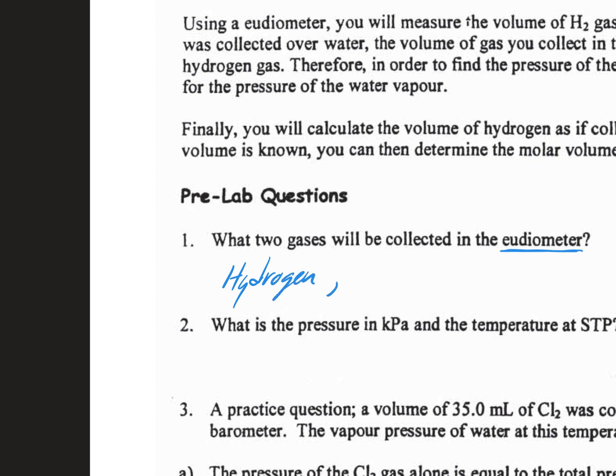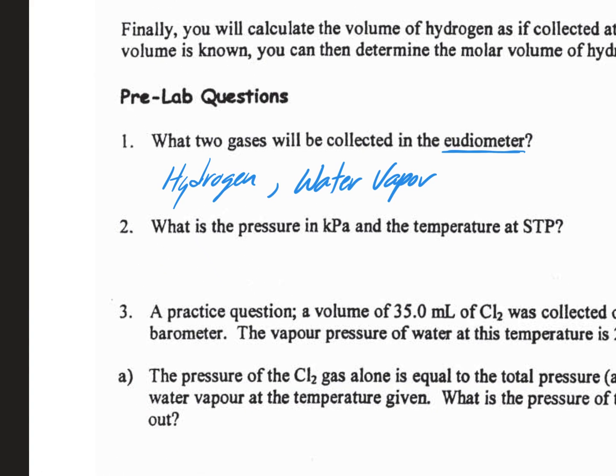And the other gas, which is not as obvious, is water vapor. Water vapor collects in the tube because we're collecting the hydrogen over water. So obviously there's water evaporation happening within the tube. So there are two gases actually being collected, hydrogen and water vapor.